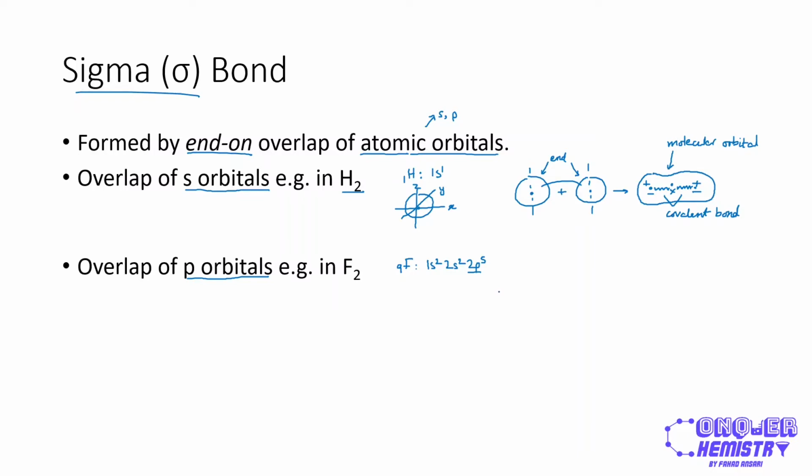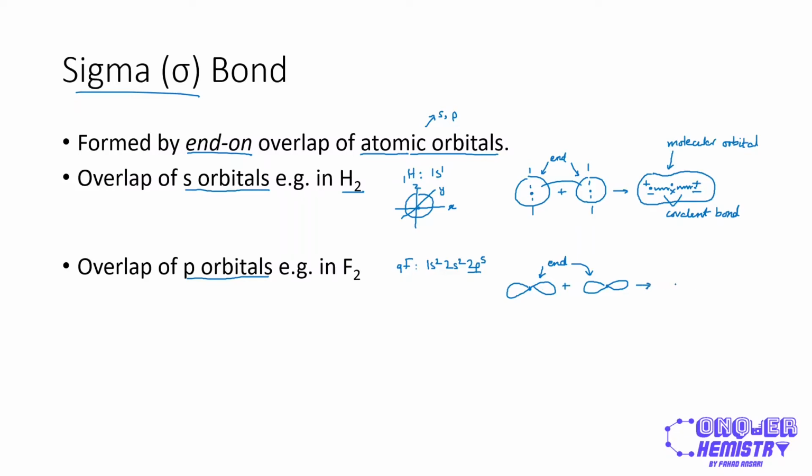It is that incompletely filled p orbital in one fluorine atom that will overlap with the other. If I draw that one incomplete p orbital for each fluorine atom, with the dot representing the nucleus, this end of the p orbital in one fluorine atom will overlap with this end to form an end-on overlap, a sigma bond.